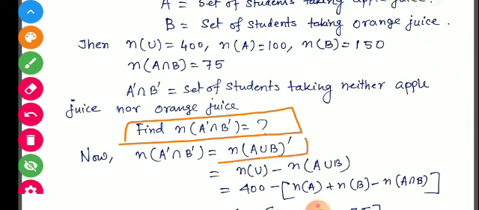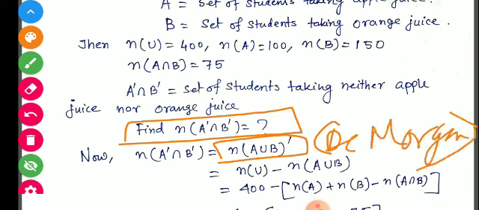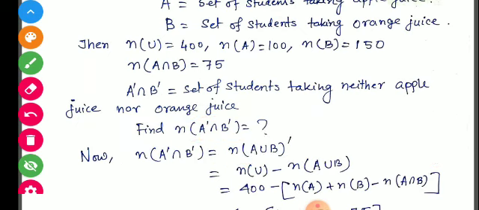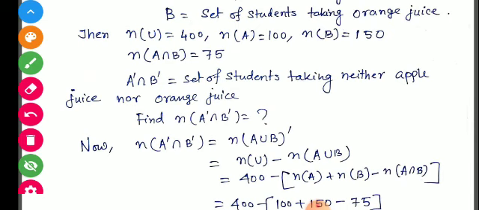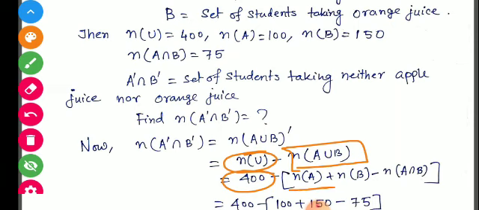We can write this using De Morgan's law: n of A complement intersection B complement equals n of (A union B) whole complement, and the complement we already know is the universal set minus A union B. The universal set is already given, 400, and we know the formula of A union B: n of A plus n of B minus n of A intersection B.